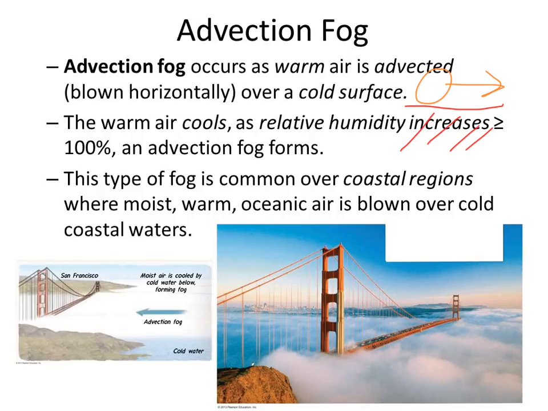So advection fog, if you read this, is about warm, moist air advecting, relocating over someplace that's cooler. So it's possible that your ocean is warm and your land is cooler. So it advects over, it cools down, actually, it moves off the ocean over onto the land. Yeah, it can start to condense.